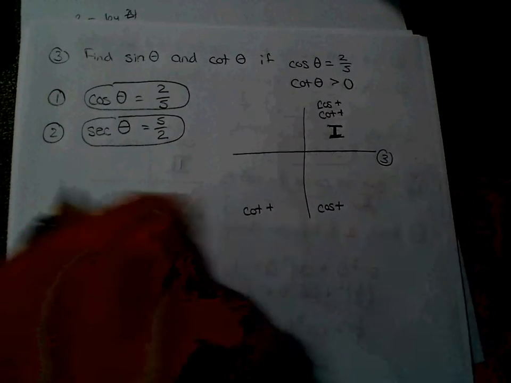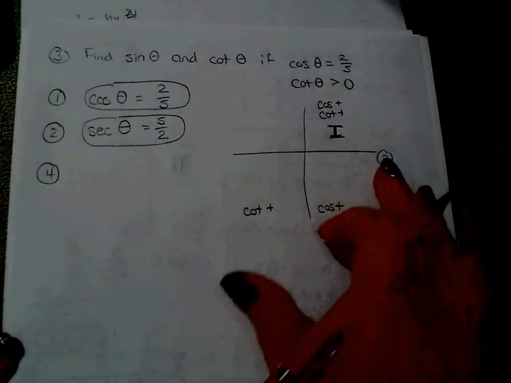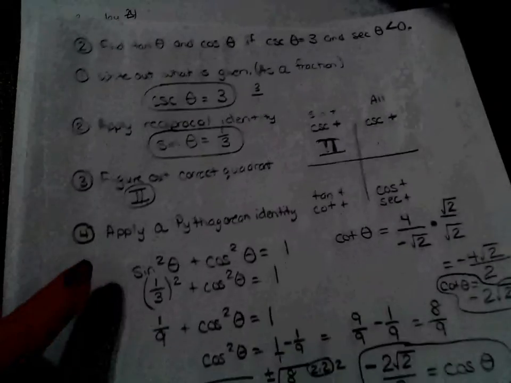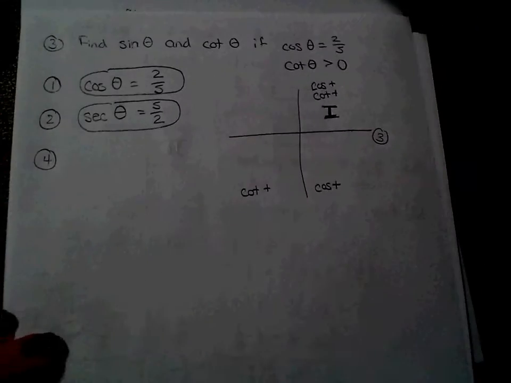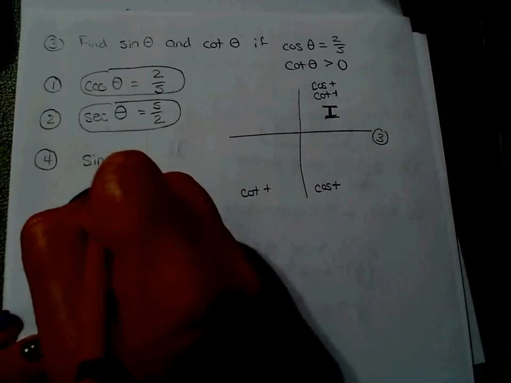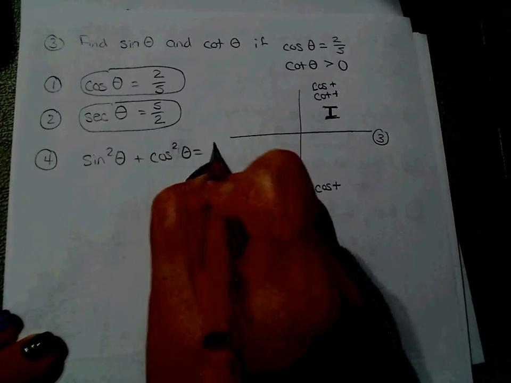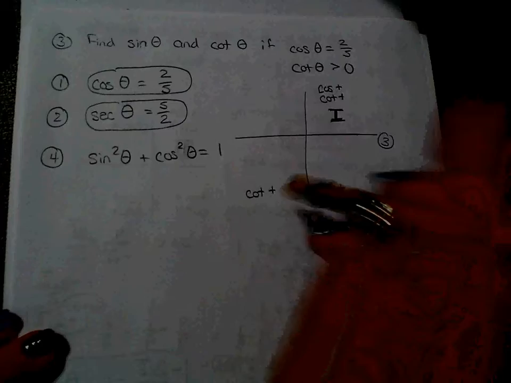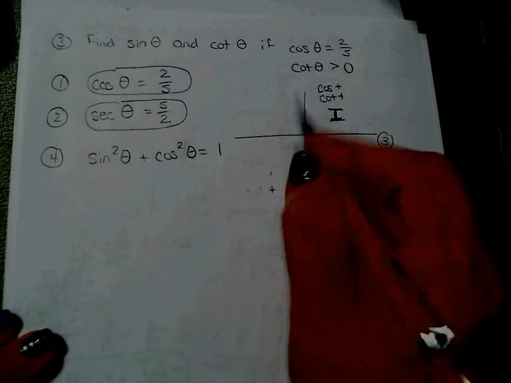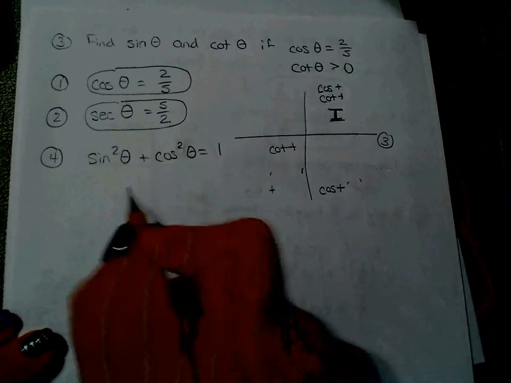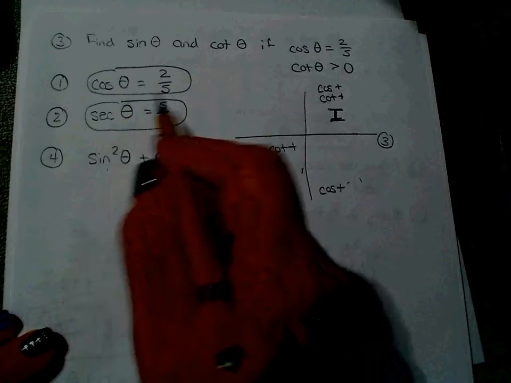Step 4, and you can do them out of order. You can actually do that step first. Step 4 said, apply a Pythagorean identity. Well, I really always like to use sine squared plus cosine squared equals 1 because it is the most common known Pythagorean identity. So let's fill in. I don't know sine, but I do know cosine.